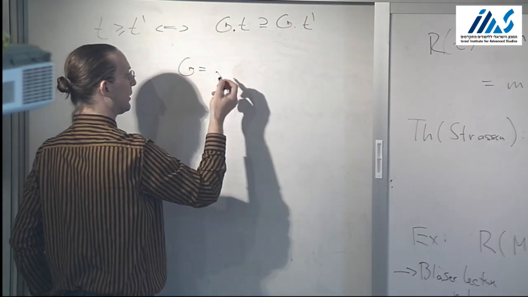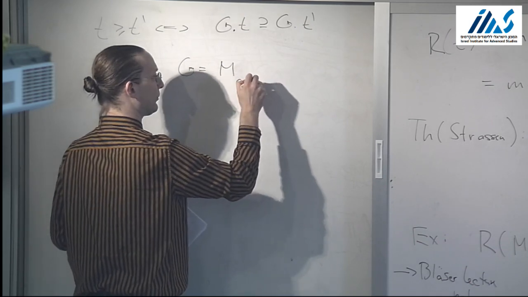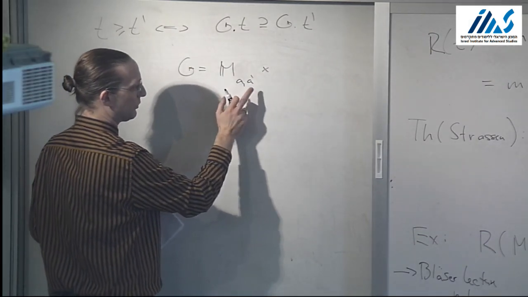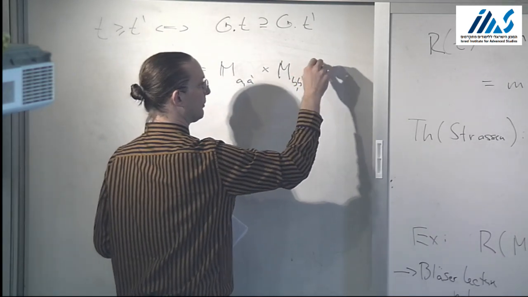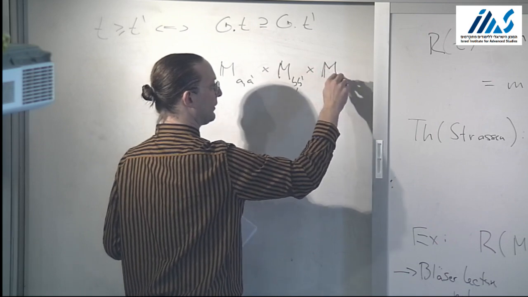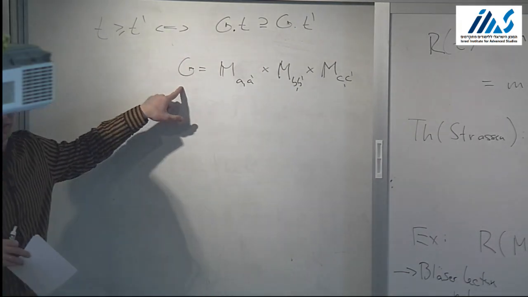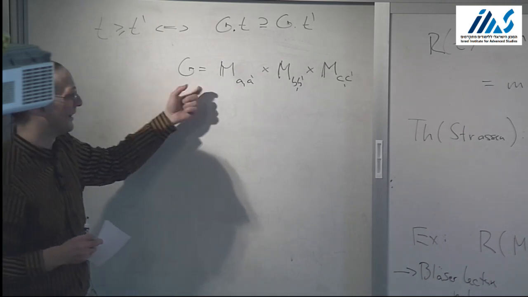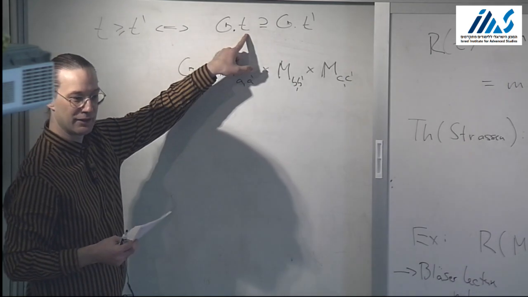With G I mean the triple of matrices, A A prime, so this is just the matrices from A to A prime, and here the matrices from B to B prime. So just take a triple of matrices, and you know how they act on tensors. That's the way I have defined it before. I just want to collect them. I call it G, suggestively for a group, but this contains non-invertible things. So it's just a set of 3 matrices, and now you can look at the orbit of T.